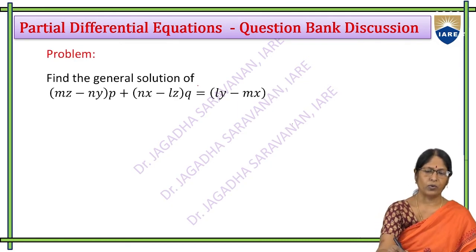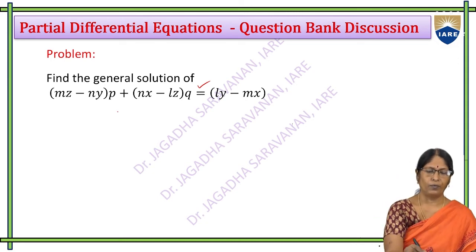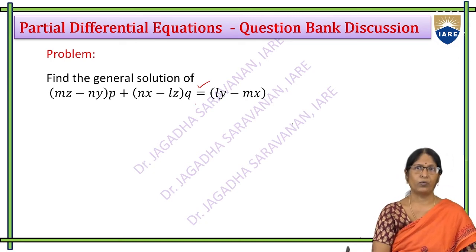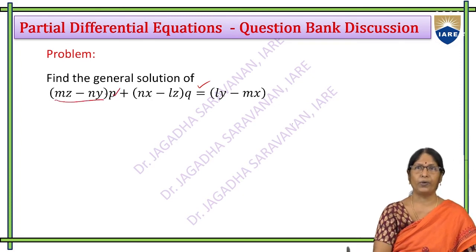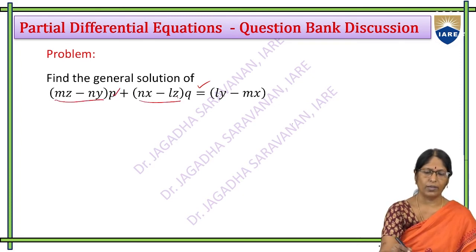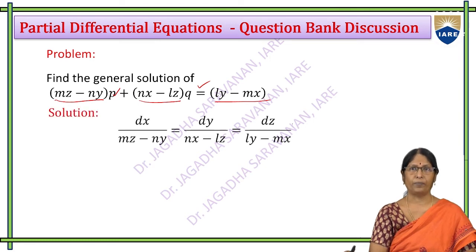Now let us see the important steps of this question bank problem. Find the general solution of the given equation. Seeing the question, immediately we get an idea: this is P, capital P, this is Q, capital Q, this is capital R. It is in the format of Lagrange's linear equation.